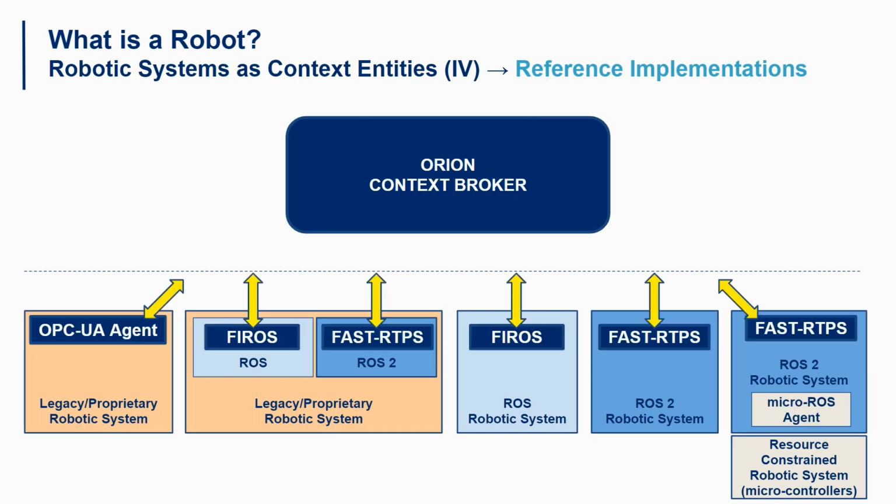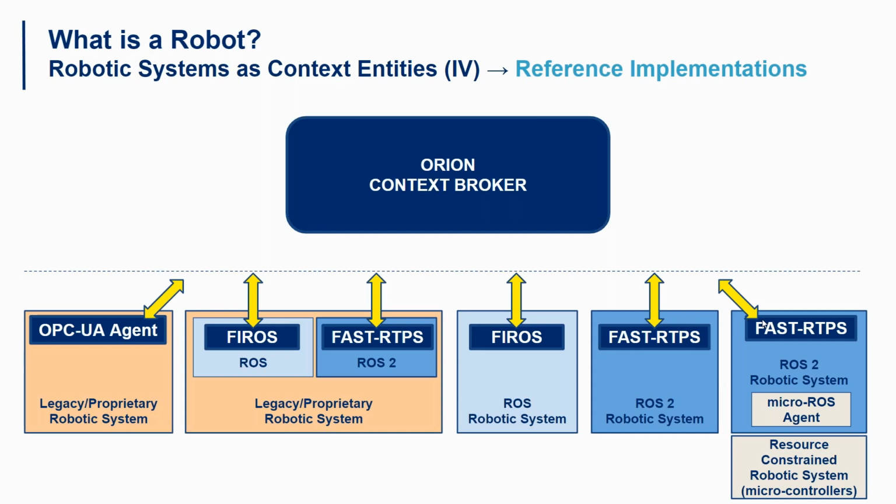The alternatives are as follows. If you have your legacy or proprietary robotic system, you may need an IoT agent to access this information, to expose your data model to the broker and to consume data from it.